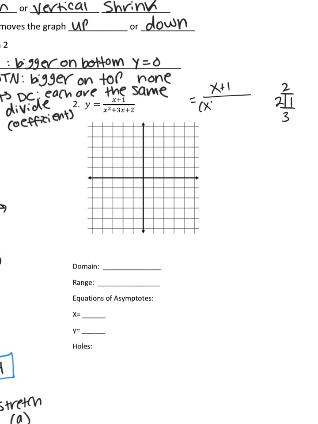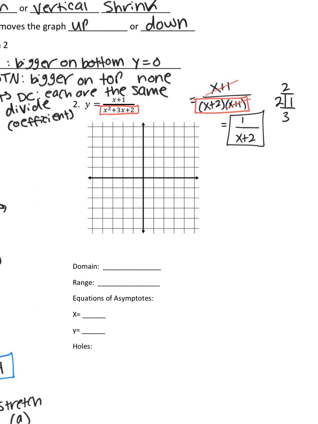So I'm going to have x plus 2 times x plus 1. All I've done here is take what's on the bottom and factor it. Now notice that you have an x plus 1 on the top and on the bottom. So I'm going to cancel those out, and I'm left with 1 over x plus 2. That is my fully simplified function.